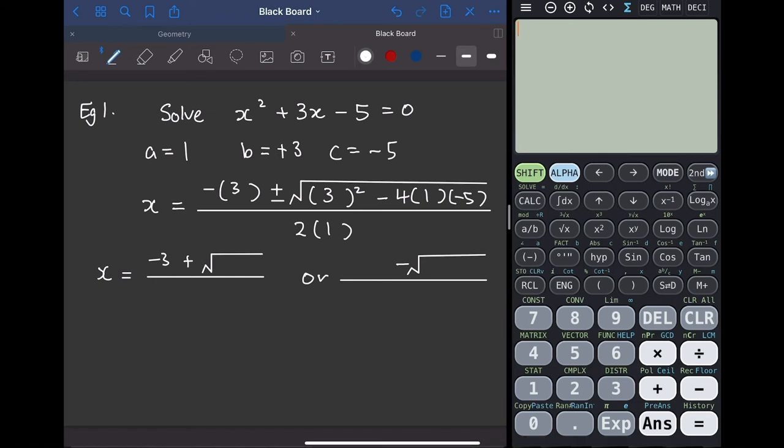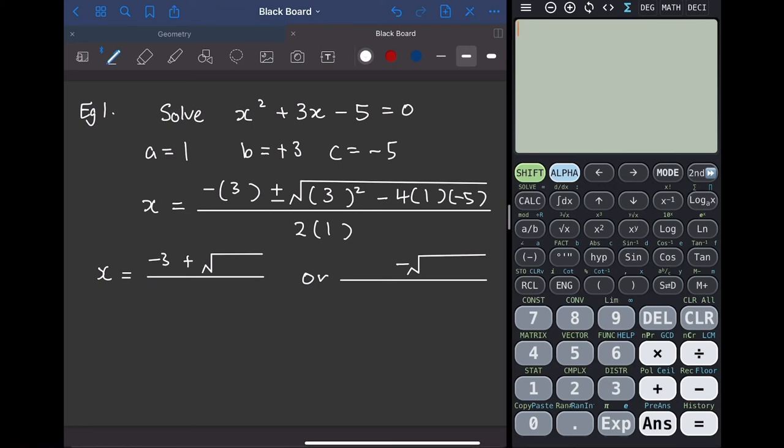Now, generally speaking, for Singaporean exams, it's typically about 3 to 4 marks for this kind of questions. So the thing is, there could be a possibility of the examiner wanting you to show that you are able to evaluate b squared minus 4ac, just to ensure that you did not use the calculator to automatically get the solution.